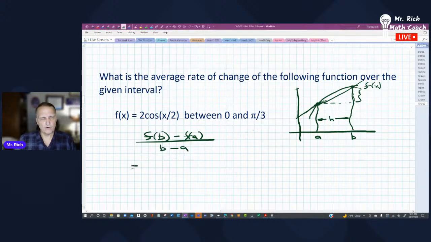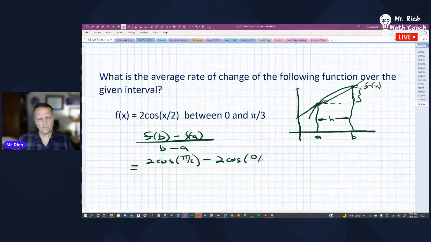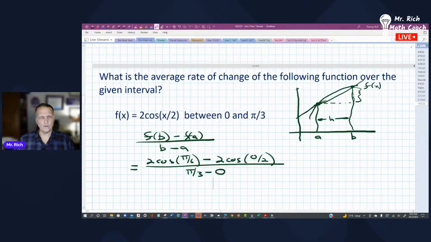So in this case, our average rate of change between 0 and pi over 3 would be 2 times cosine of pi over 3 divided by 2, which would give us pi over 6, and then minus 2 times cosine of 0 over 2. And then we would be dividing that by the difference in our x values. So that would be pi over 3 minus 0.